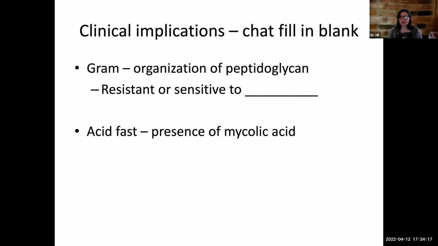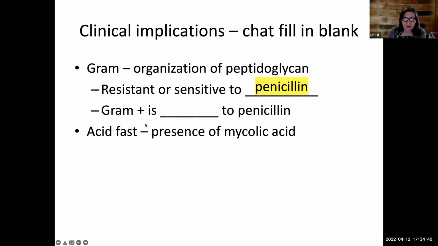That's right. It is gram-negatives that are resistant and gram-positives that are sensitive. And sometimes people get this backwards because gram-positives have a thick wall. And it's tempting to think that means it's more protective, but it's actually the opposite. And we'll find out why when we talk about the details. But gram staining reveals whether or not penicillin would be a good treatment. And gram-positive is sensitive to penicillin.